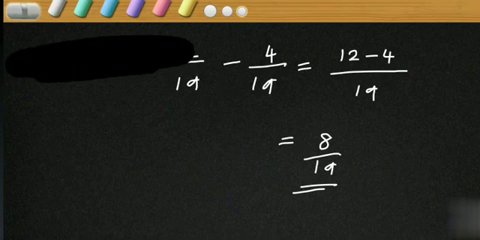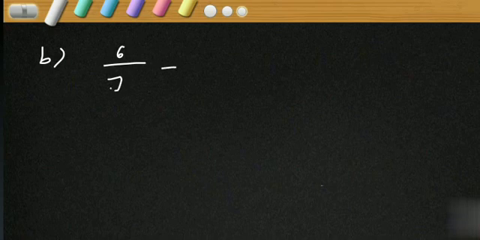Okay, now write down example B. 6 by 7 minus 2 by 7. Here are the like fractions. Yes, they are like fractions, so we can subtract, isn't it?